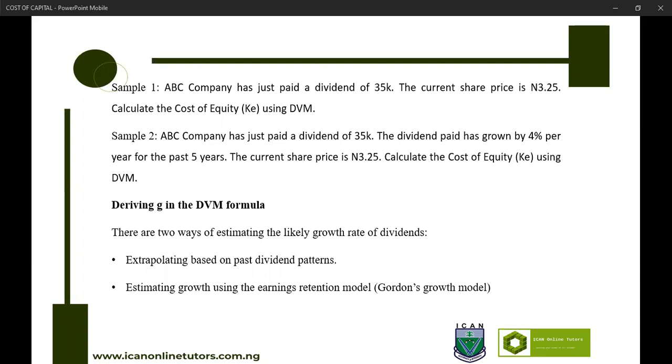The first is extrapolating based on past dividend patterns, also known as the extrapolating formula method. The second is estimating growth using the earnings retention model, otherwise known as Gordon's growth model. These are the two ways of determining our growth in dividend.